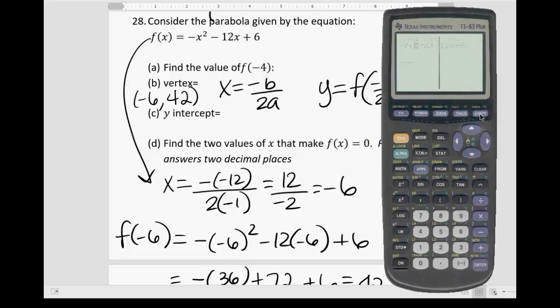Okay? I'm going to say graph. Now, depending on what your parabola looks like, you may not see everything. So you know this parabola is a U shape. Remember, our vertex we found was negative 6, 42. So that doesn't even look right based on what I have here.